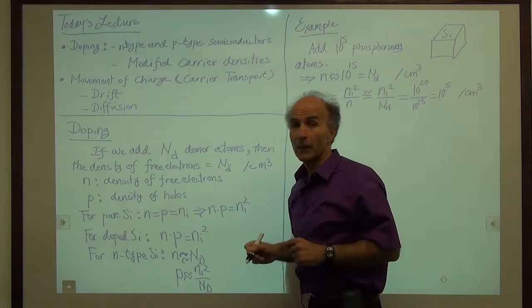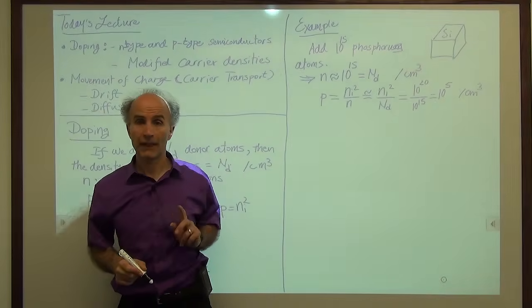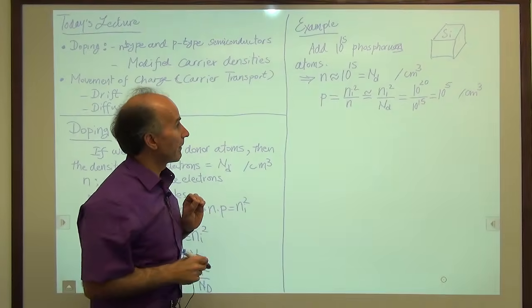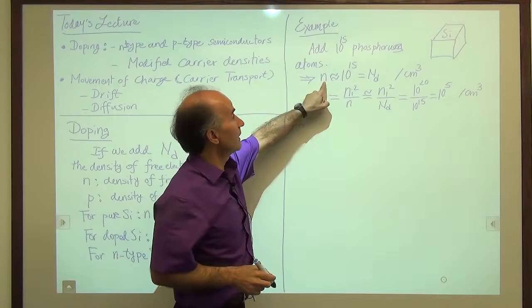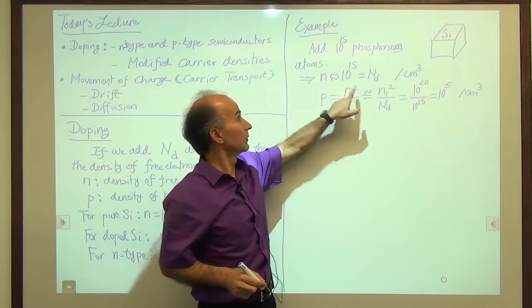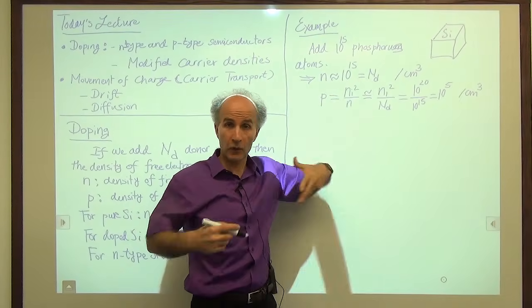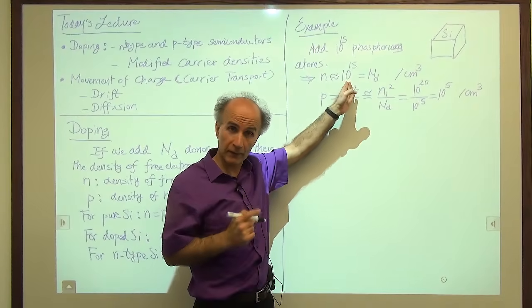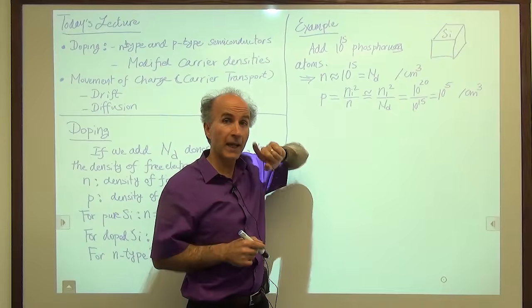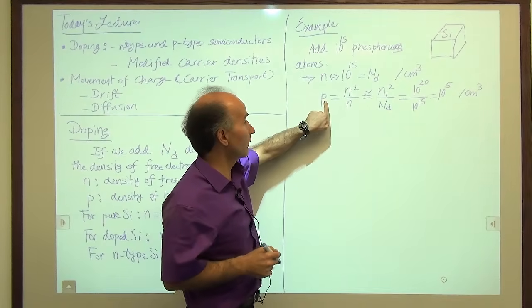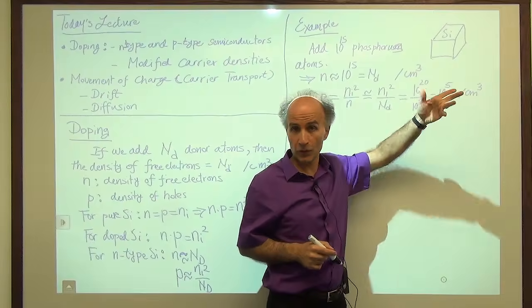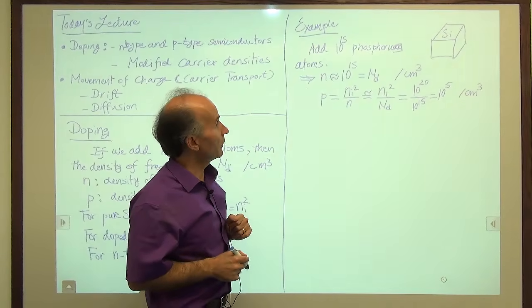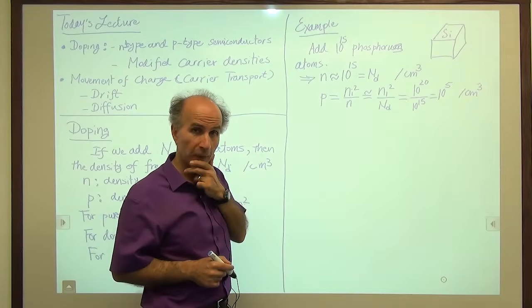So interestingly, by adding 10 to the 15 phosphorus atoms to 1 cubic centimeter of silicon, we managed to increase the number of free electrons by that same amount. So now it's much more conductive than before, 10 to the 5th times more conductive. So that's a huge improvement in conductivity. But at the same time, the number of holes dropped considerably. It dropped also by a factor of 10 to the 5th. So that's an interesting effect that happens when we perform doping.